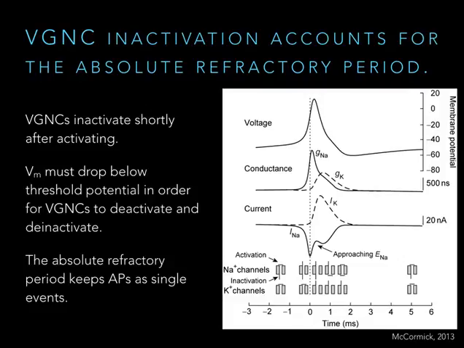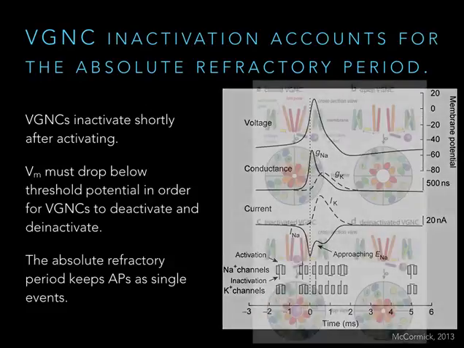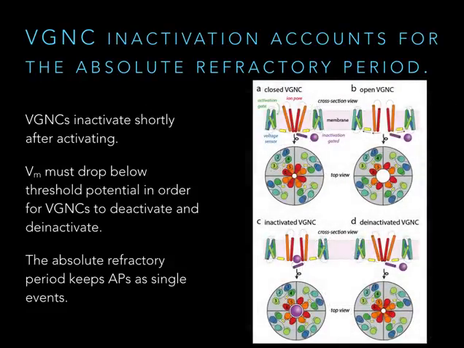All right. So here we have our good old multi-part graph showing you the voltage throughout the action potential and the sodium and potassium conductances and currents. Notice that sodium conductance is dropping off, and that's because of inactivation of the voltage-gated sodium channel.